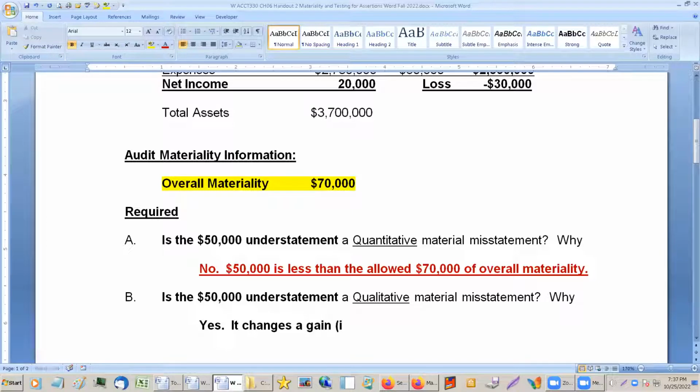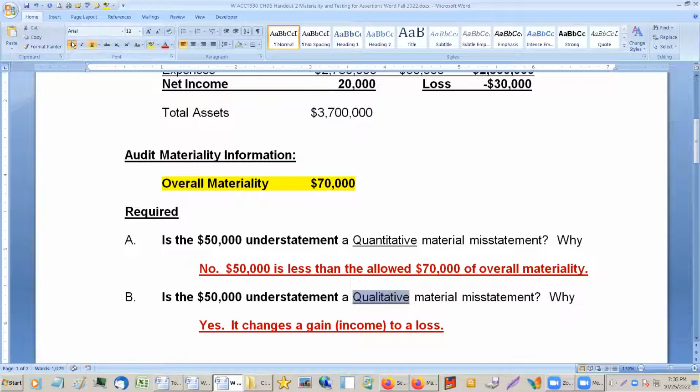It changes the gain, income in this case. Again, this is one of those things that is not quantitative, it's qualitative.